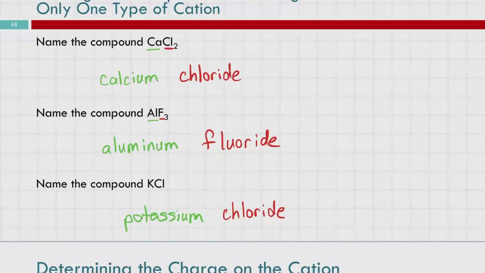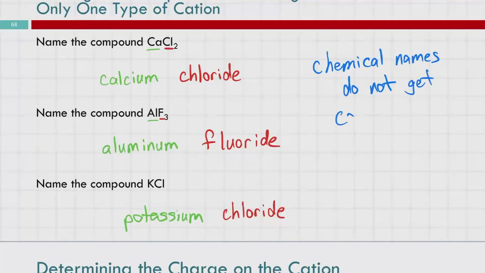No. They're not proper names, so they don't get capitalized. Chemical names are not proper names, and so they don't get capitalized, generally. So chemical names do not get capitalized. If you capitalize them, you won't get capital punishment, but I will be a little annoyed maybe.